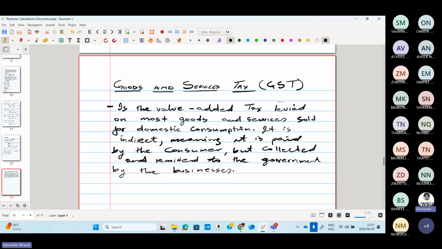So the government charges tax. That is the way of collecting our contribution towards these services. That is why most workers will be found complaining that this government needs to do this and that, because they are entitled to that.